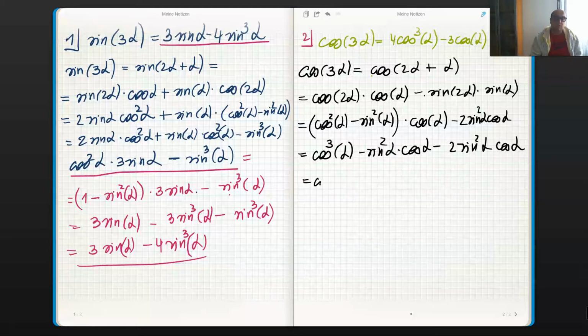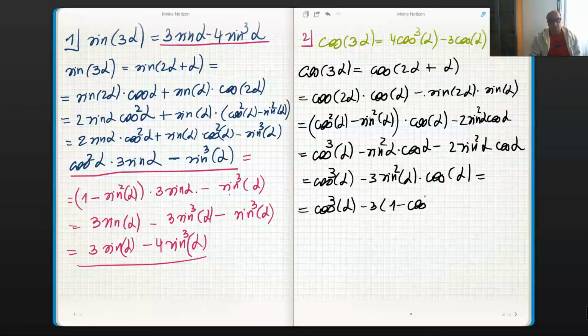So we are having cosine cubed of alpha, minus 3 sine squared of alpha times the cosine of alpha. And now we're doing the same kind of trick. So this is cosine cubed of alpha, minus 3 times 1 minus cosine squared of alpha, times cosine of alpha.